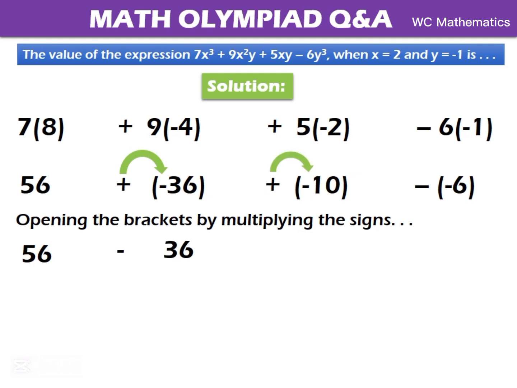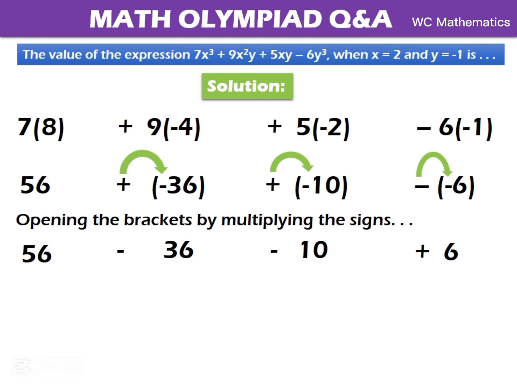Plus times minus will give us minus again. So the next term now becomes minus 10. Minus times minus will be equal to plus. So the next term now becomes plus 6. So here we'll just do the simple arithmetic to arrive at the final answer.